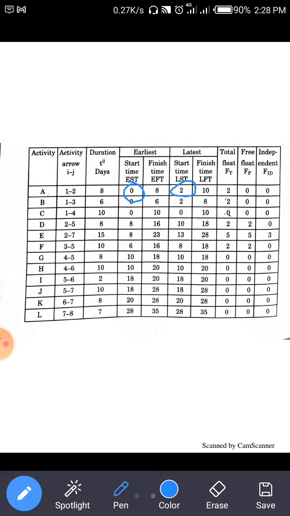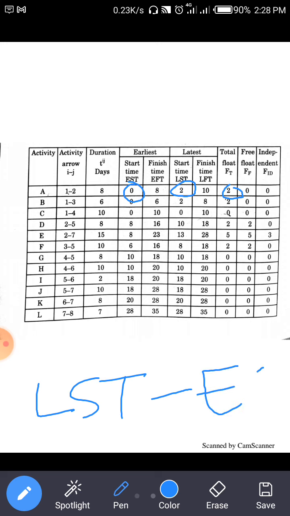So total float is equal to 2. The equation for total float is latest starting time minus earliest starting time. So this is called the total float. Clear? Total float is equal to latest starting time minus earliest starting time.